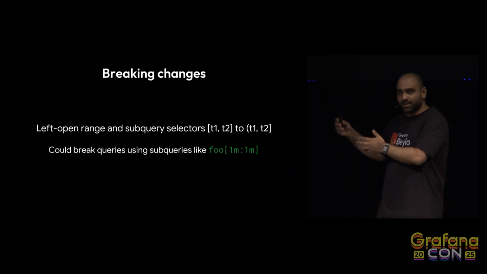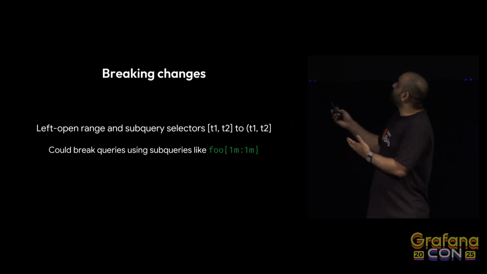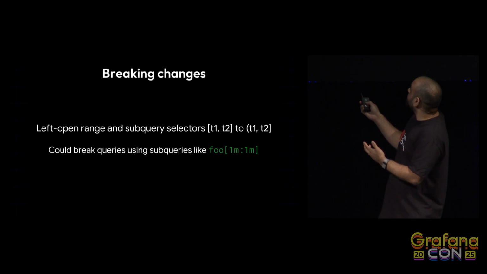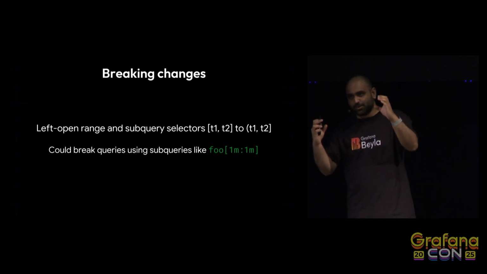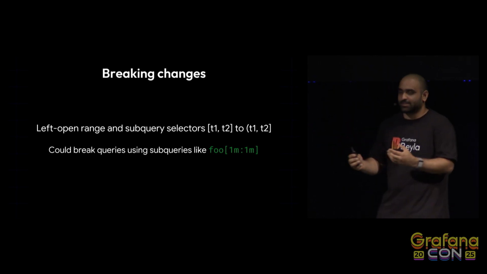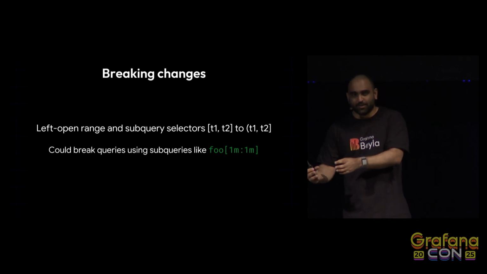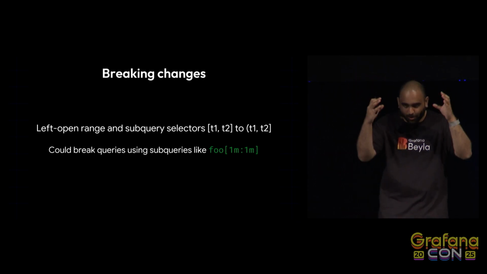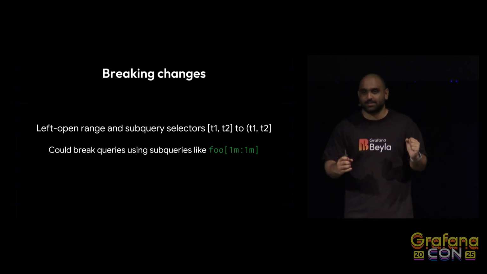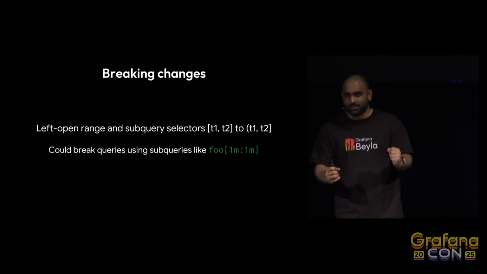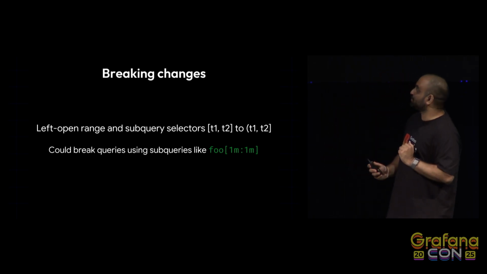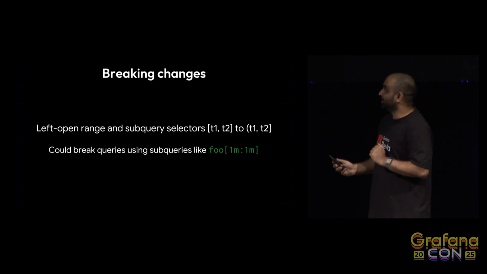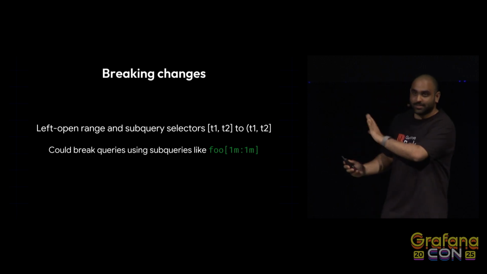Before, these queries used to work, and then for consistency and efficiency, we said, actually, it doesn't really matter if the last point is included, because how often is it to have a 1 minute window and 1 minute scrape interval, and it all just lines up to the milliseconds. Well, if you use Grafana for caching, it lines it up to the milliseconds. So things that used to work before did not work. Well, this we have no fix for.